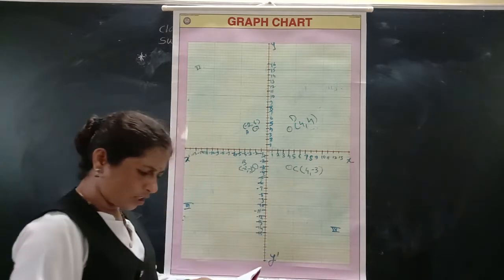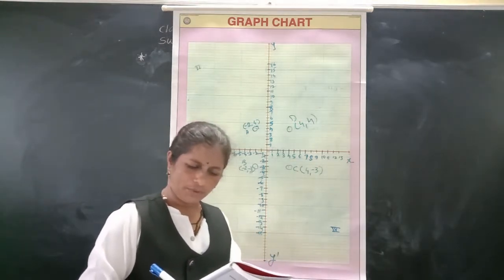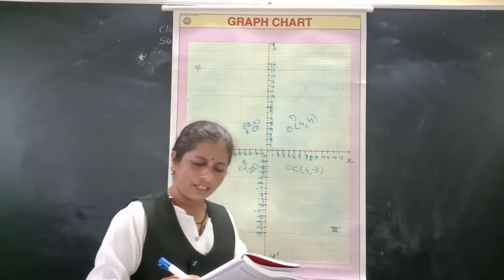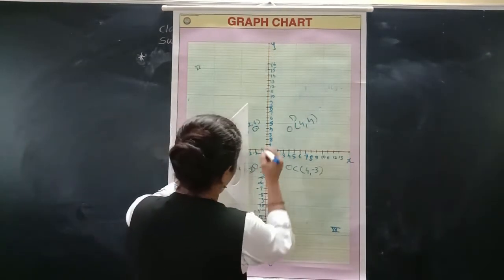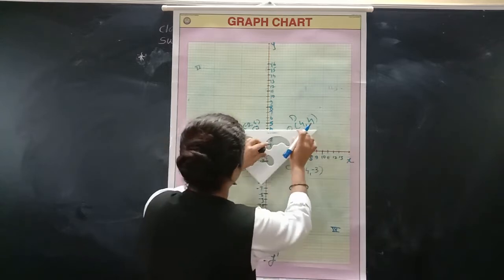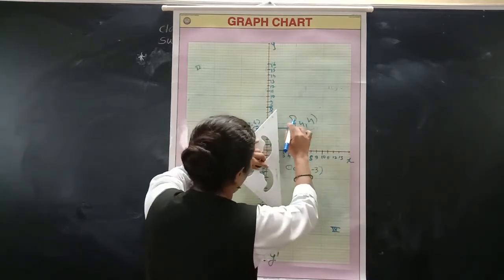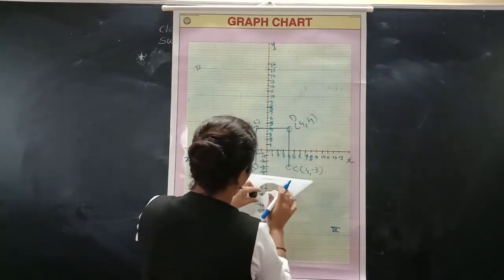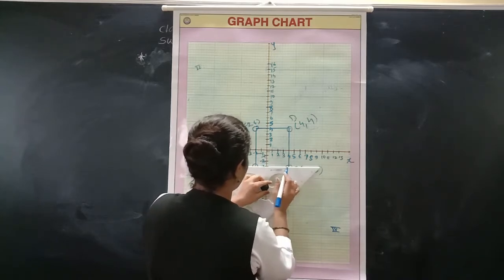Now they ask the question: draw the segments AB, BC, CD and DA, what is the figure so formed, and what are the coordinates of the point where AD cuts the y-axis, right? So first we have to draw these lines to join these points. Now we have given names to these points A, B, C, D, right? So you just have to draw these lines and join these segments.